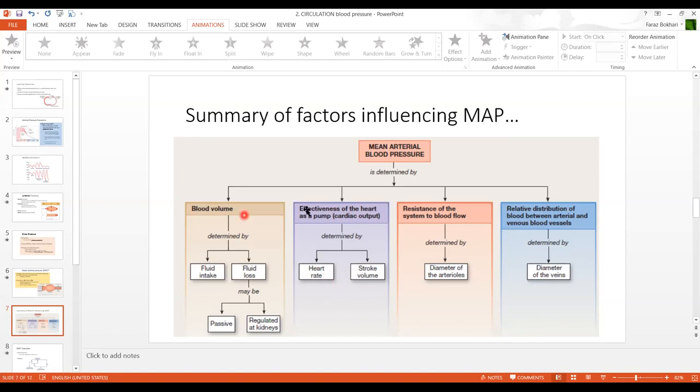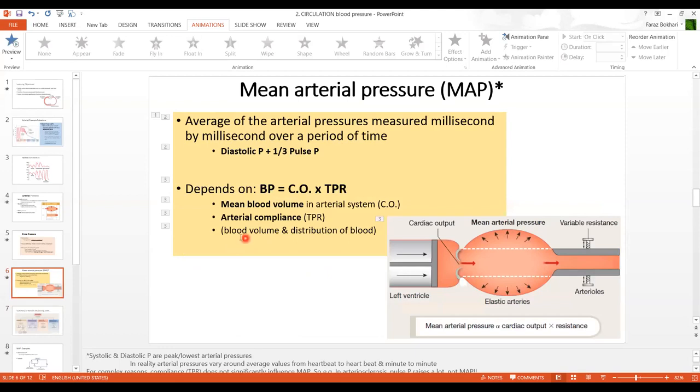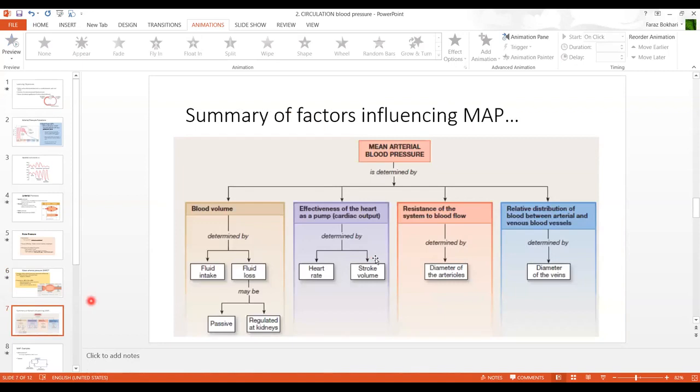Check this out first. Mean arterial pressure, we said that it depends on blood volume, right? Nobody told us that blood volume itself is getting determined by two, three things. This flow chart gives you that information too. So this is the kind of depth in information that you need to have to make the whole concept, which is the right thing to do, so that A, your knowledge is complete, B, the assessment does not cause you trouble.